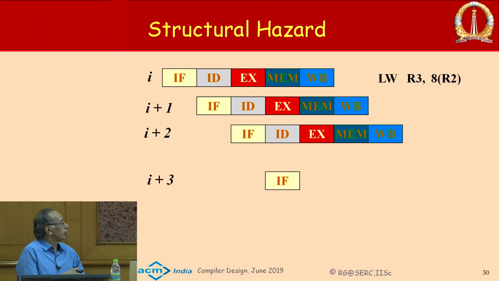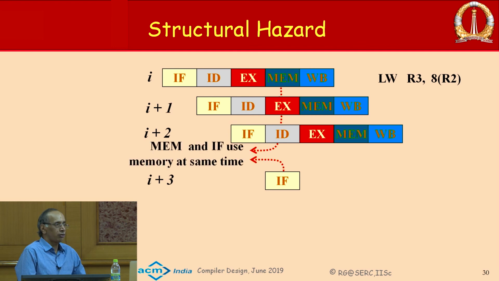Here you are trying to fetch a data value from the memory, here you are trying to fetch an instruction from the memory. But if the memory has only one port and can only service one request, then you have a problem. One of them has to wait. Always the later one has to wait, right. So, this kind of problem is what is called the structural hazard.